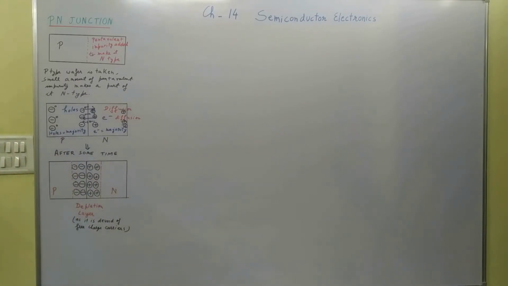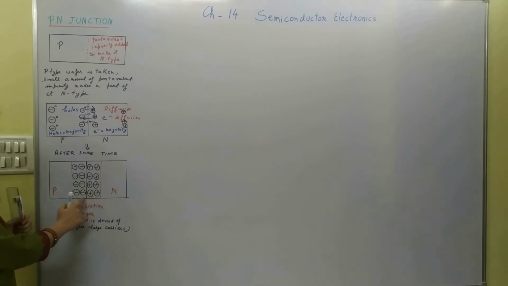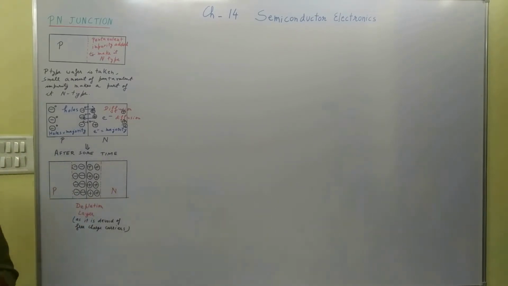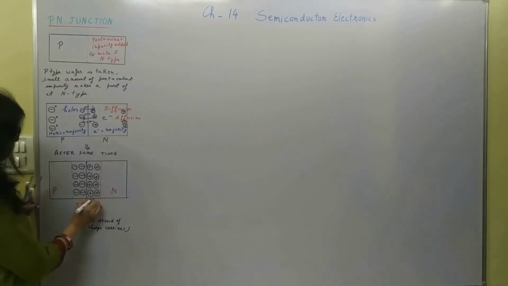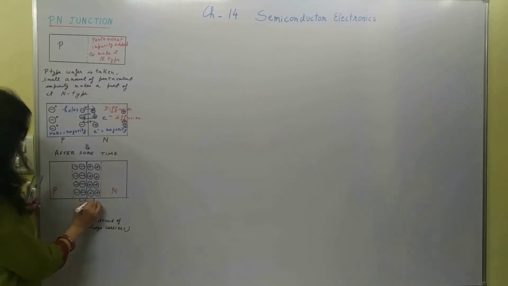Right? Then what happens? Due to the accumulation of these ions over here, an electric field is developed, and this electric field is developed like this.